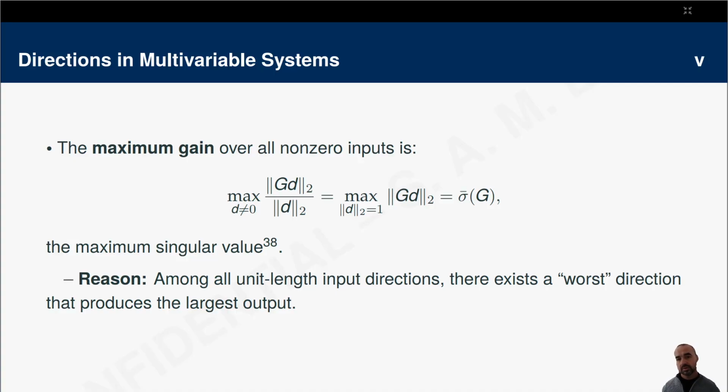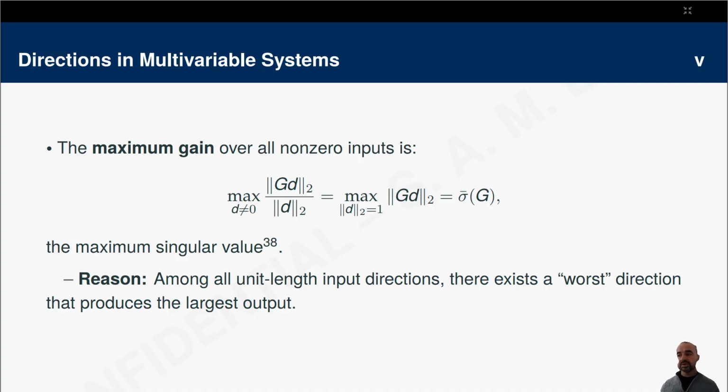We don't want to compare the biggest input with the lowest output. Among all directions with equal effort, one direction is the worst case.